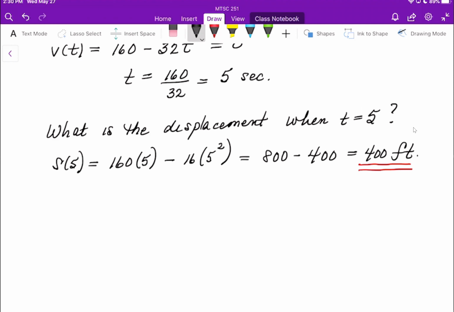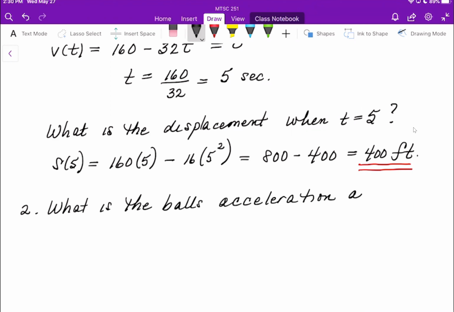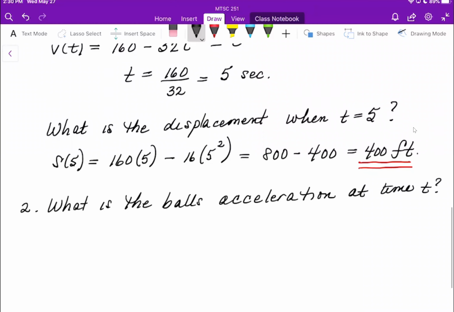Okay, second question is, what is its acceleration at time t? Well, we know that velocity is the derivative of position and acceleration is the derivative of velocity.